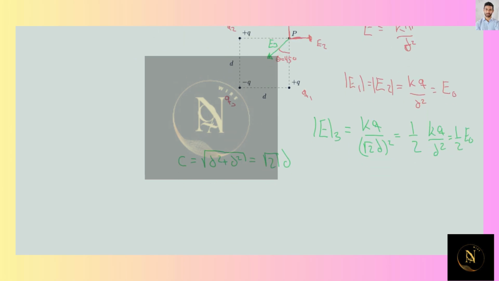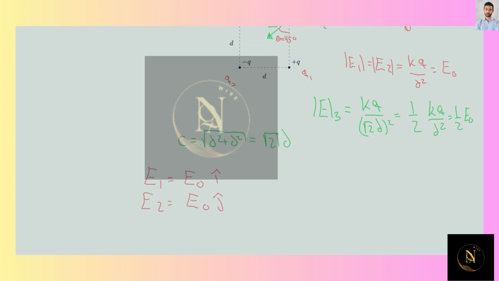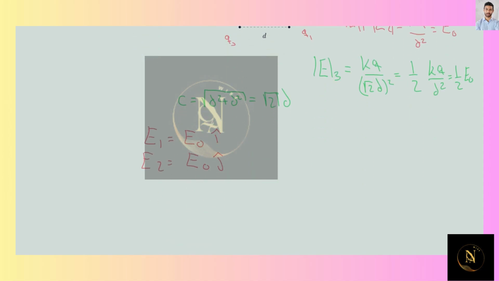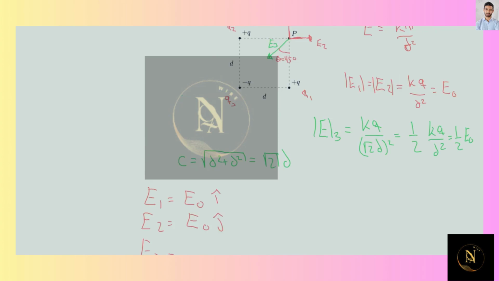So we know that electric field 1 is equal to E0 in the positive i direction. Electric field 2 is equal to E0 in the positive y direction, on the j unit vector. Thus, the third one, E3, is going to be equal to the x component of E3. E3 in the x direction is going to be, let's take any of the angles.